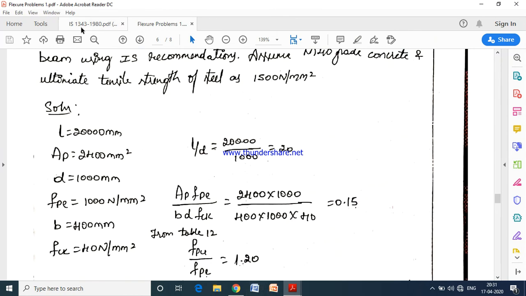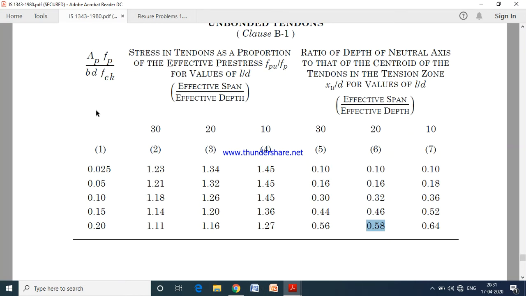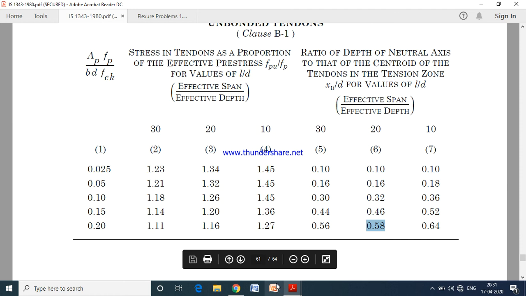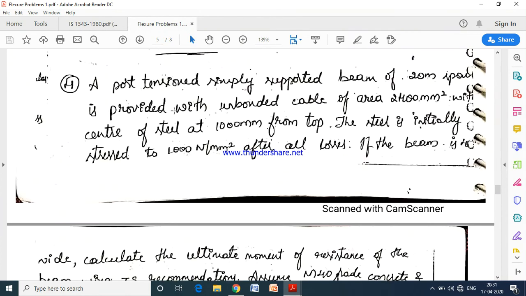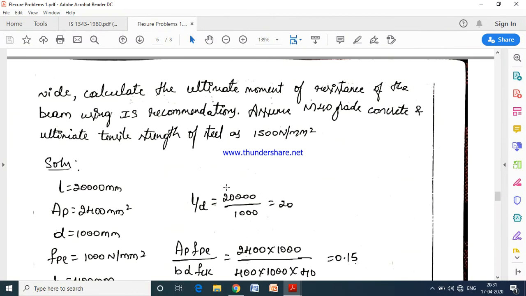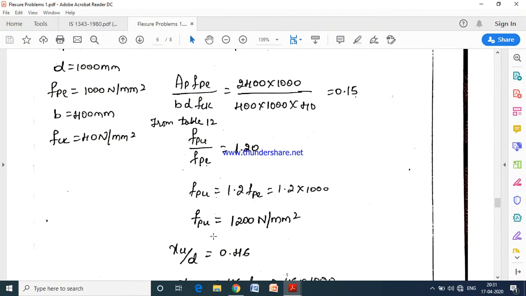Then again go to Table number 12. Here one thing you need to observe: in the question a post-tensioned beam is given, but he has mentioned an unbonded cable. So this is the same case as the previous problem, unbonded rectangular section. So again Table number 12.